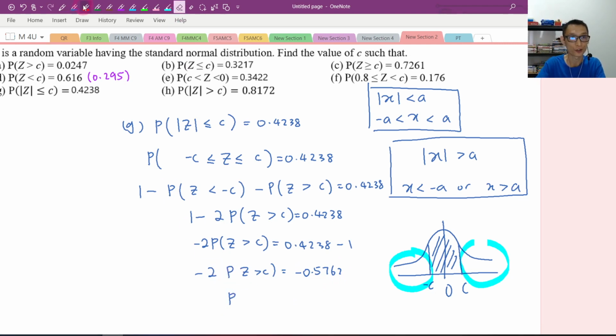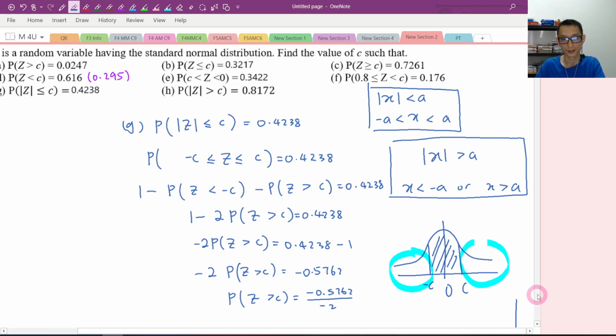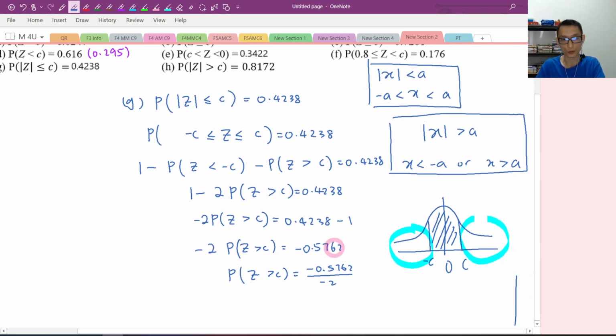The parentheses should be after the P. Multiply, bring to the other side, become divide. You don't have to write the multiply sign here, it's okay. If you want to write, it's fine. Okay, you will get 0.2881.